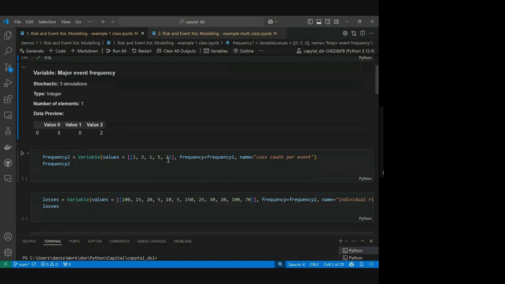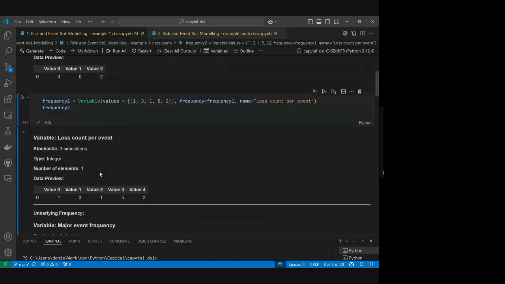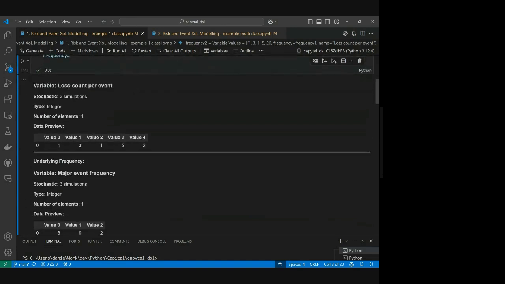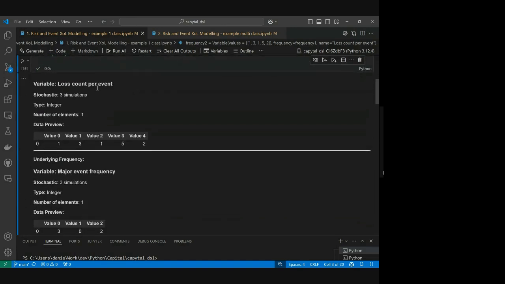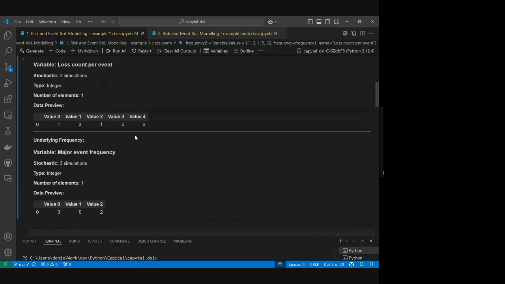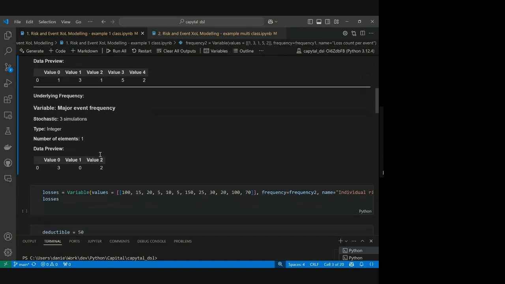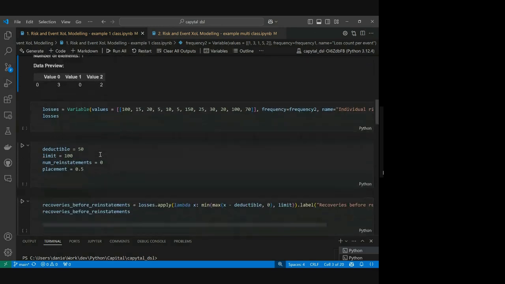We can create this kind of structure where now I've got the loss count per event are those figures, and those are acting over this underlying major event frequency structure. And the final thing we want to set up is the actual loss amounts.